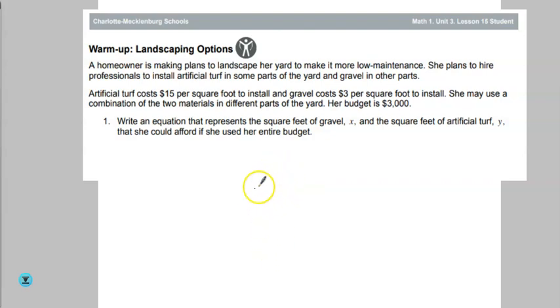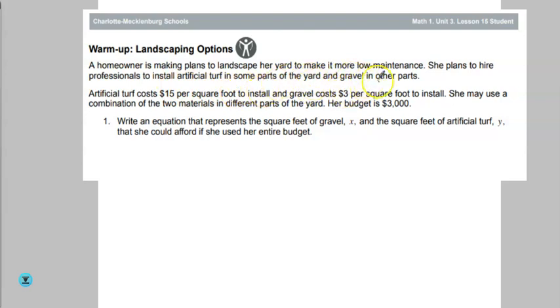All right, so a homeowner is making plans to landscape her yard to make it more low maintenance. She plans to hire professionals to install astroturf, artificial turf, right? So fake grass in some parts of the yard and gravel in the other parts. Artificial turf costs $15 per square foot to install.